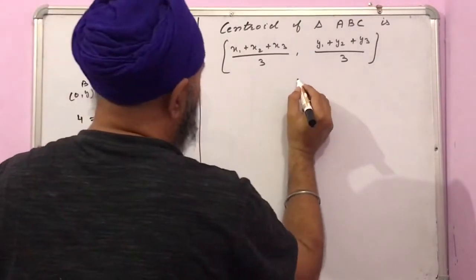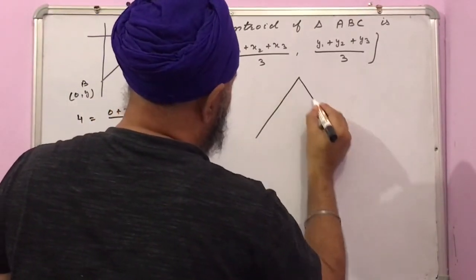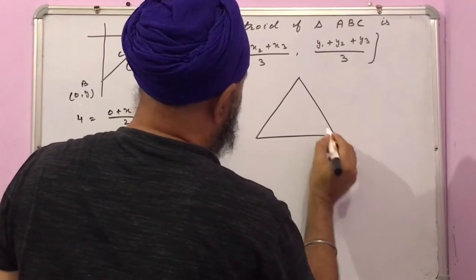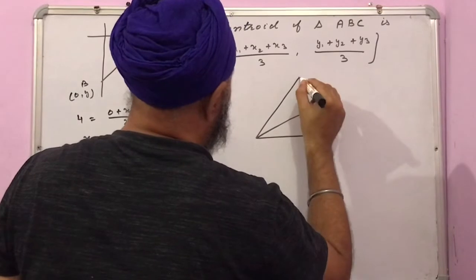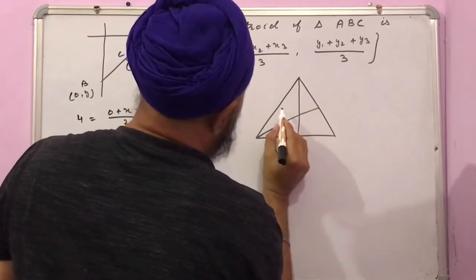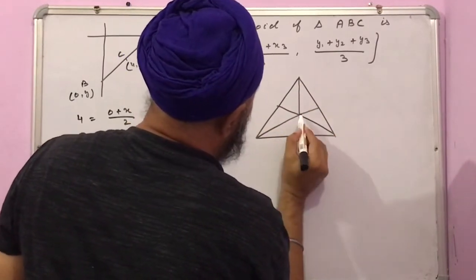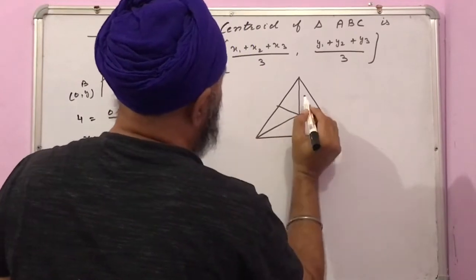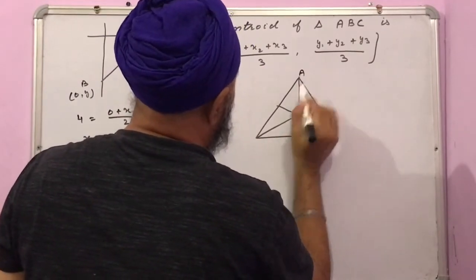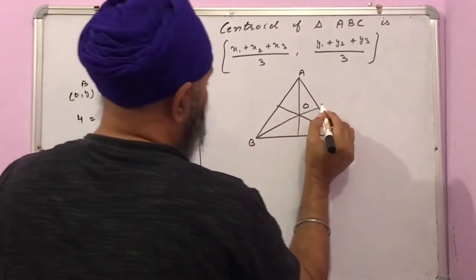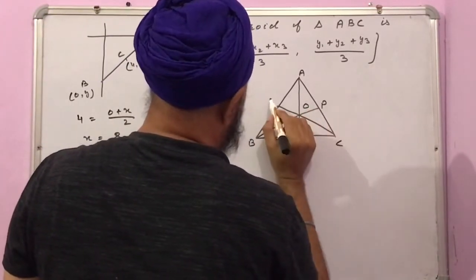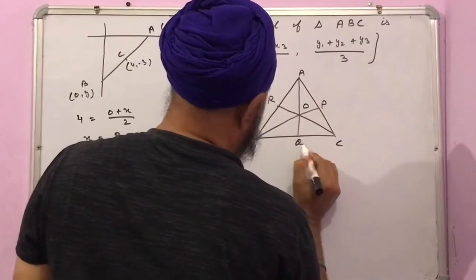What do we mean by centroid? By centroid we mean where medians meet. If I draw medians of triangle ABC, they meet at a point. This point is known as centroid. I write O, A, B, C. O is centroid. These are medians BP, CR, AQ.